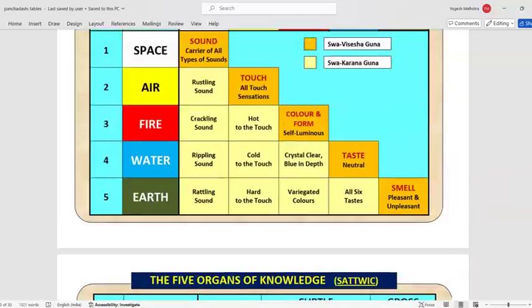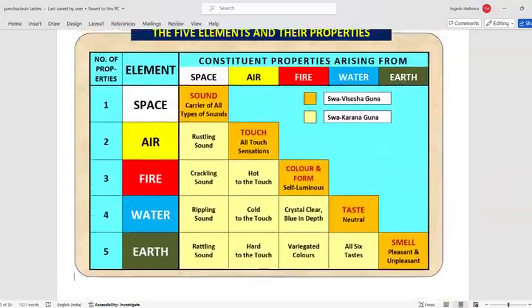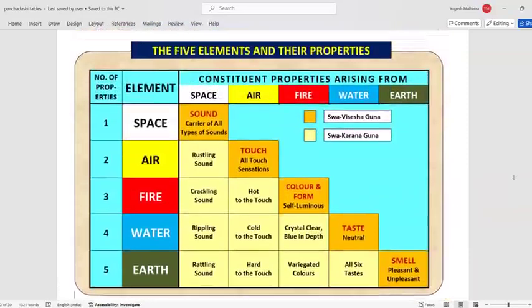It is the one from which everything starts to be born. So in space, the first guna is what we call sound, Shabda. So space has only one property, Shabda, right? This Shabda is a part of space. Anywhere in space, we can generate sound. That is why we say space has the property of sound.